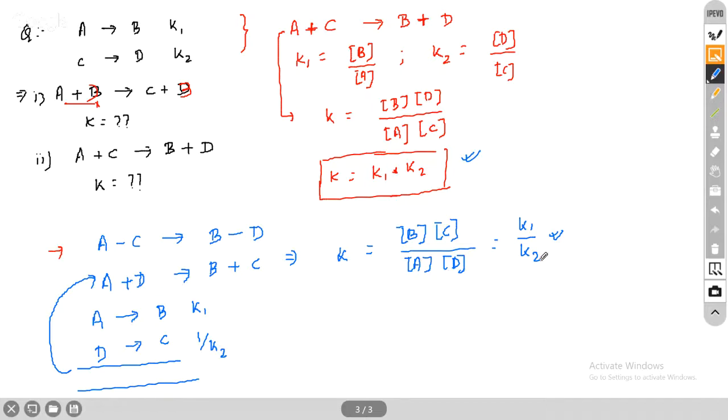Now, on the basis of this only, I'll give you one question. You see this one. The question is 2A plus 2B gives D. And one more reaction we have, A plus B gives C. For the first one, the equilibrium constant is K1.